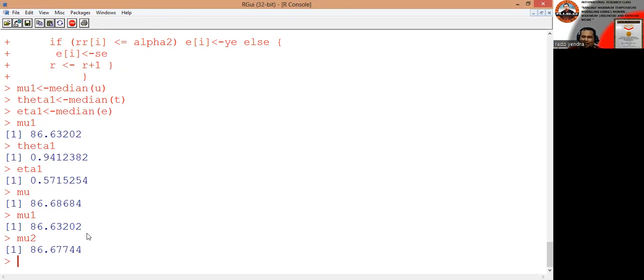So we have different names: if we use 1, it comes from the Bayesian MCMC; if we give the number 2, it comes from the L-moments.